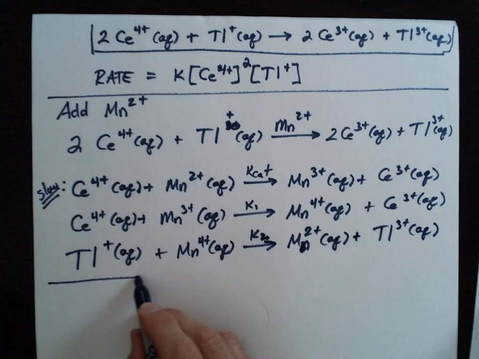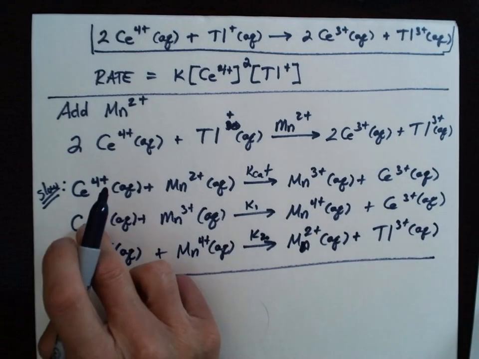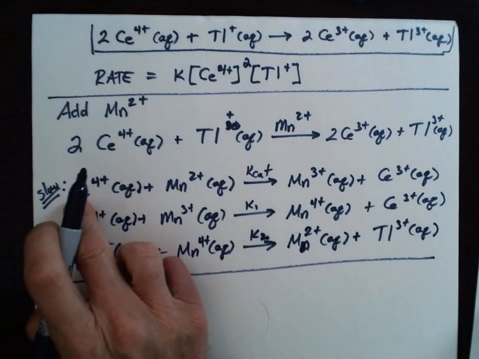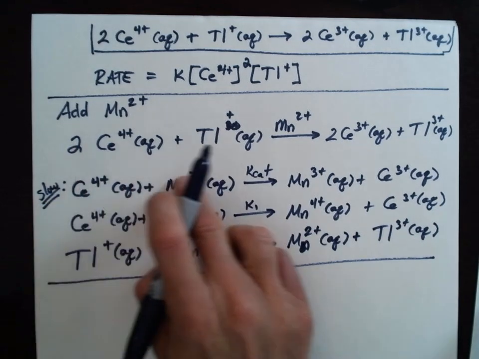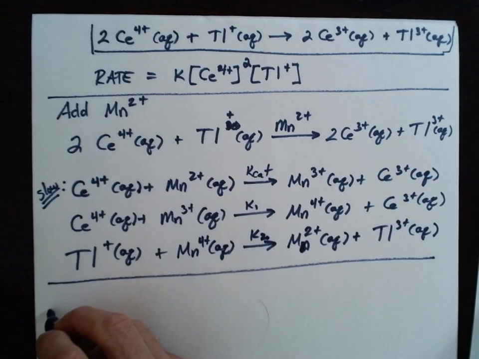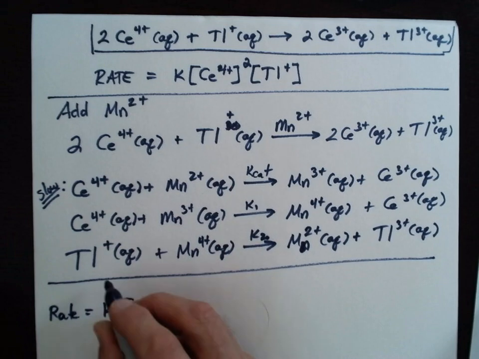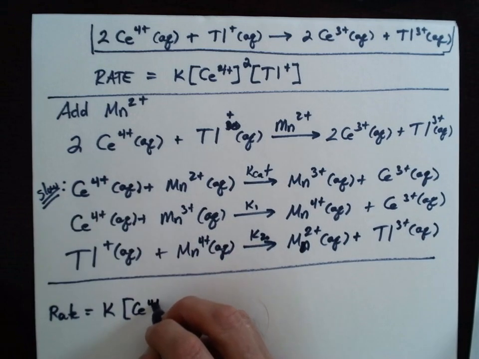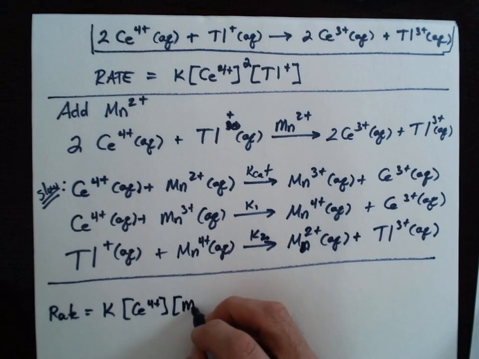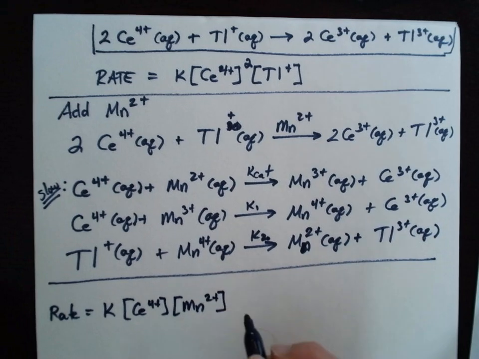And if this were the case, if these steps occurred very quickly, our overall rate would be dependent only on this step, which would have the rate constant times the concentration of cerium 4 times the concentration of manganese 2. So we see the catalyst shows up in the rate law.